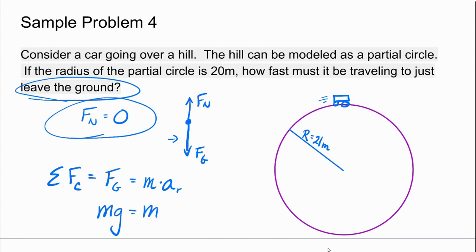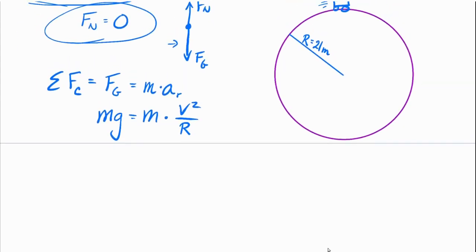Then we have mass times the acceleration to go in a circle, which is v squared over r. And then I just need to plug stuff in. First thing I'm going to notice is that the mass is on the same side in all terms. So I can divide both sides by mass, and these will cancel out. And I'll be left with g is equal to v squared over r.